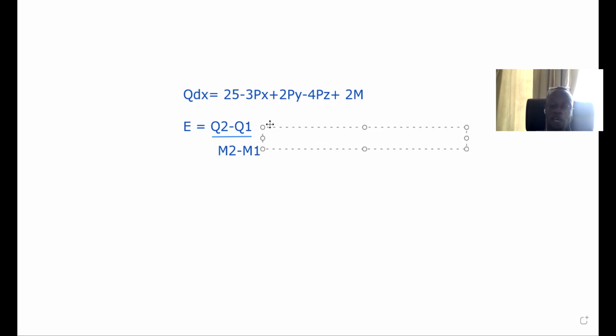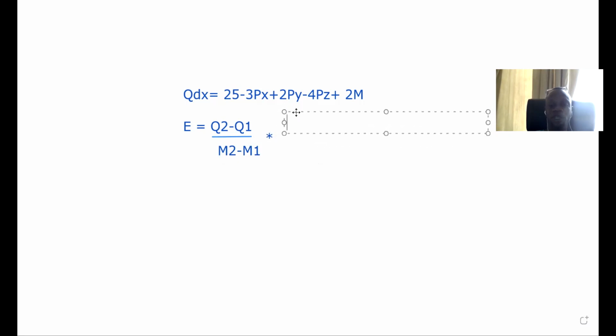This is income elasticity, so times the average income, or you can do M1, the initial M, over the initial quantity.